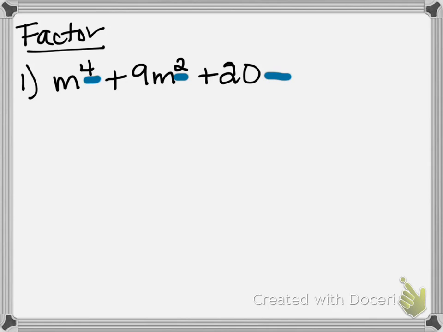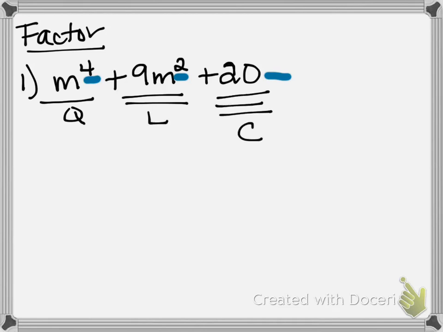So my trick is, this is technically the quadratic term, this is my linear term, and then this is my constant, right? So I'm going to do a substitution, and typically at the university level they use u. U equals, and you're going to take your linear term, which is m squared.